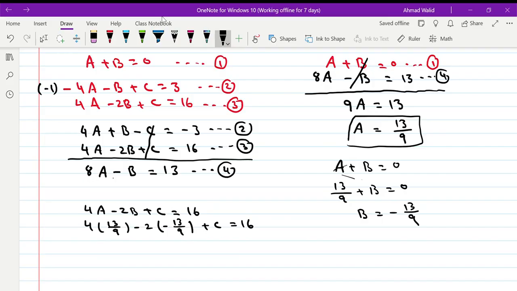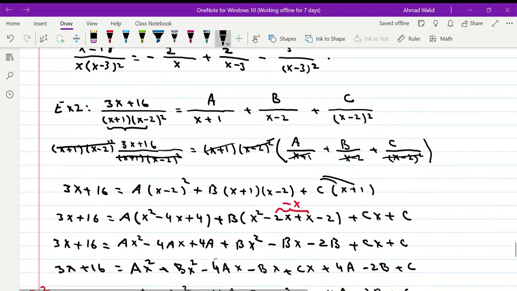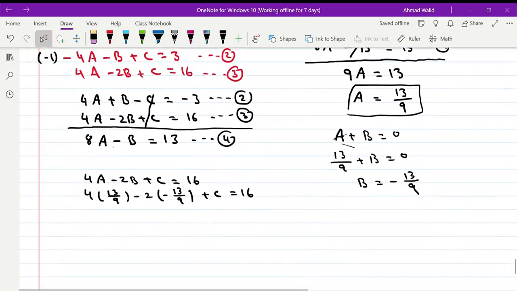I think I copied this problem from your book. They shouldn't give you fractions at this level. Let me double check if I copied the problem wrong. I'm sorry, but I have to check because I don't want to give you a lot of problems. It's okay to write those fractions that way, but for you, it's much better to have good numbers, right? 3x plus 16 over x plus 1, x minus 2 squared. Everything is correct.